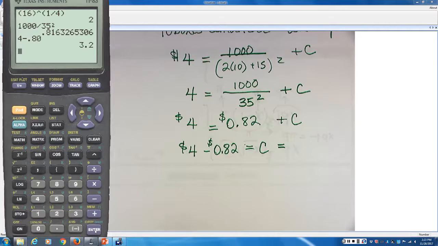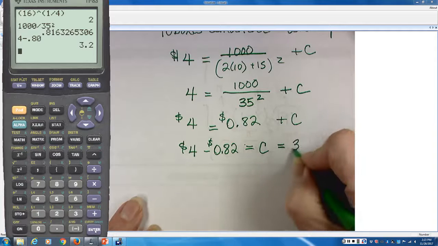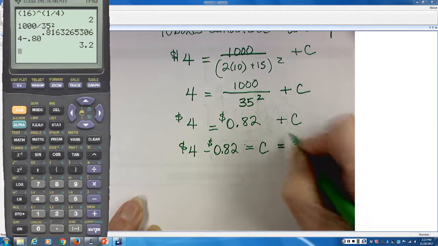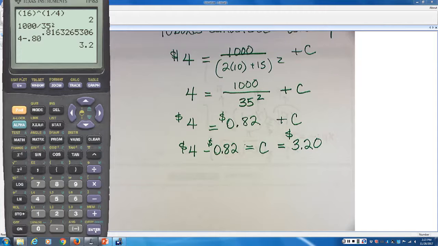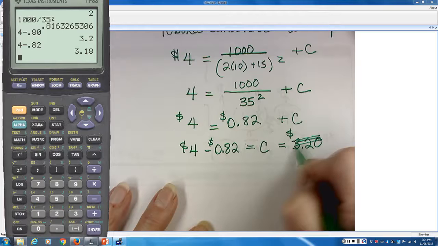So that's 3.2 or 320. Wait, 82 cents, sorry. So it's not 320. It's $3.18. Sorry about that.